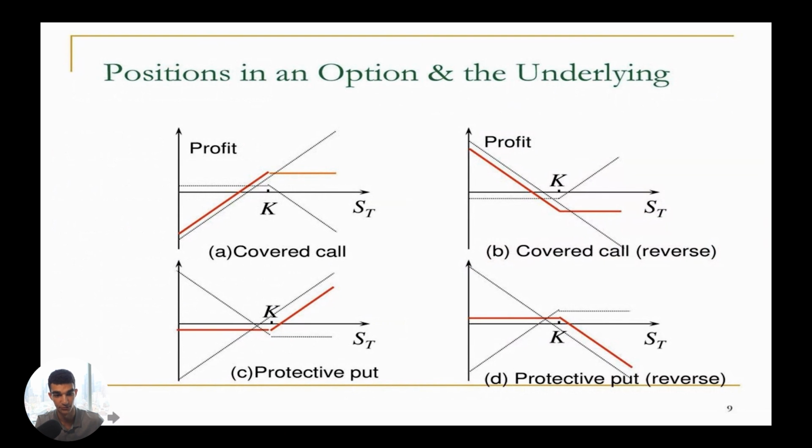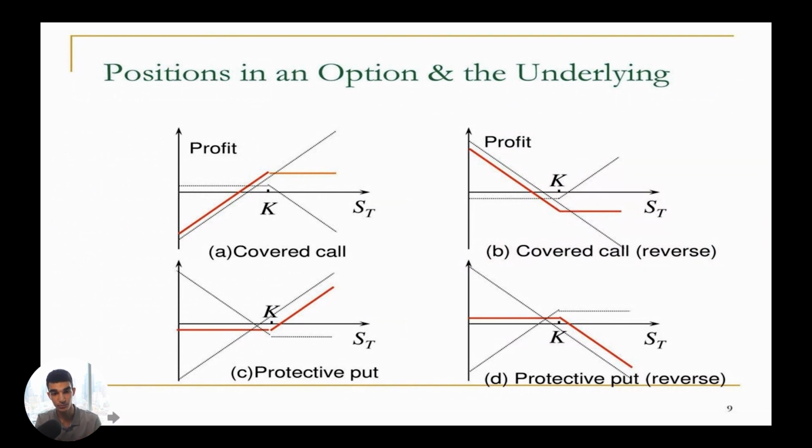Now notice that since you sold a call option, you earned premium. So that's why you're making more money than just holding the underlying. But there's no free money in the markets. So everything is offset by risk. If you will be making more money in this case, you will be making less money in the other case, which is here.